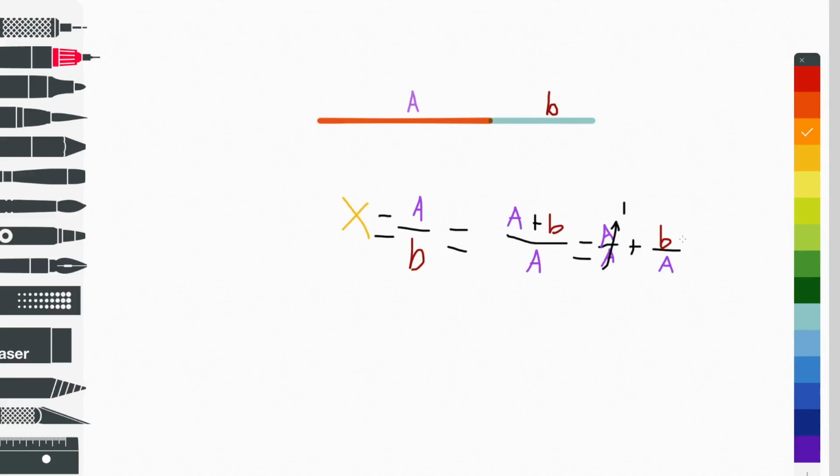You should also know that B over A is the opposite of A over B. So over here, B over A is the opposite of A over B over here. So you should simplify this to 1 over x.